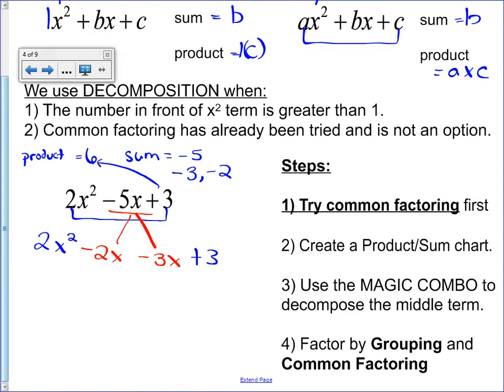Now, I look at the first 2 terms here. What can I common factor out of those first two terms? Jenny? 2x, beautiful. So I write 2x there, and what will I have left over? Austin? X minus 1. I look at my last two here. What can I common factor out of those last two terms, Rob?